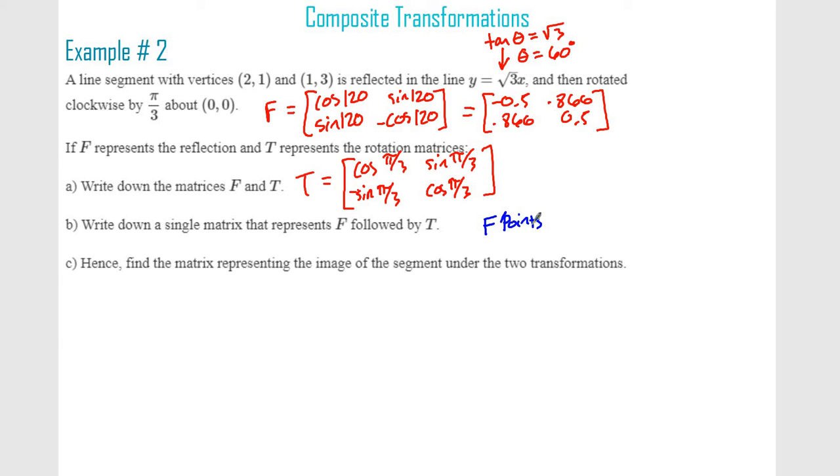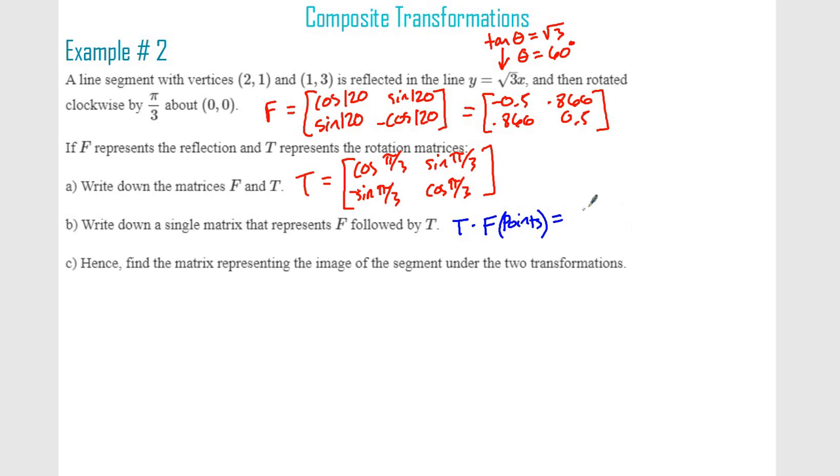Then we multiply by T. Okay, so that's how we need to make sure we do this. We do T times F.